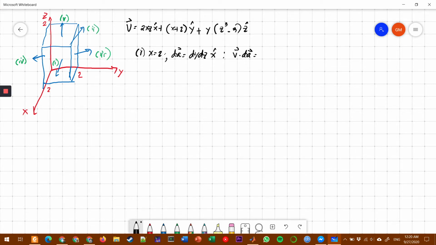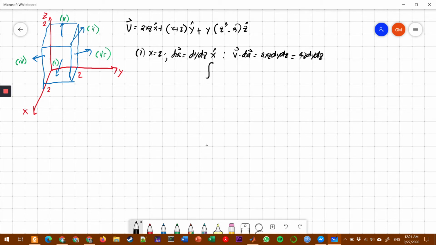So we have 2xz dy dz. Okay, so that's it. And take note that x equals 2, so we substitute x with 2. We have 4z, so this is 4z dy dz.